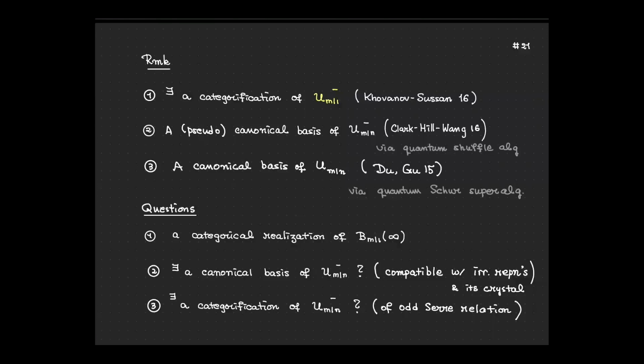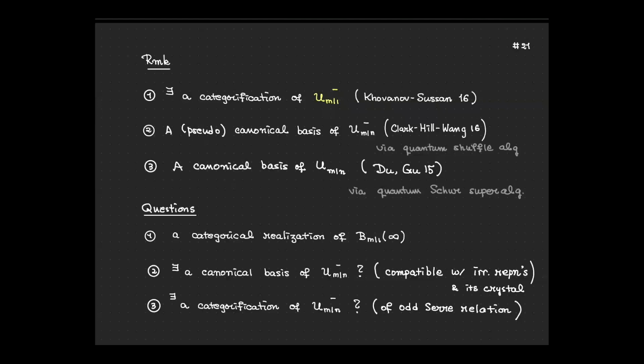In some sense, it has some good properties, some compatibility with the basis of the polynomial representations. But also it is not known how the two canonical bases in 2 and 3 are related.